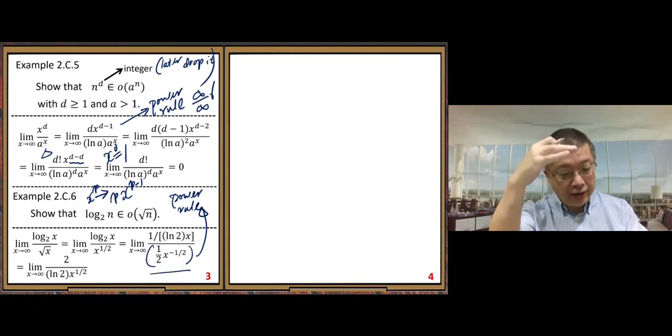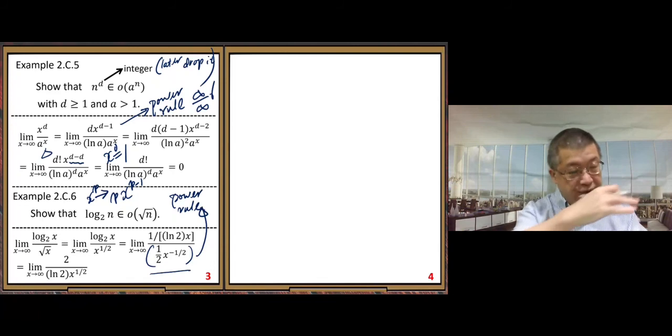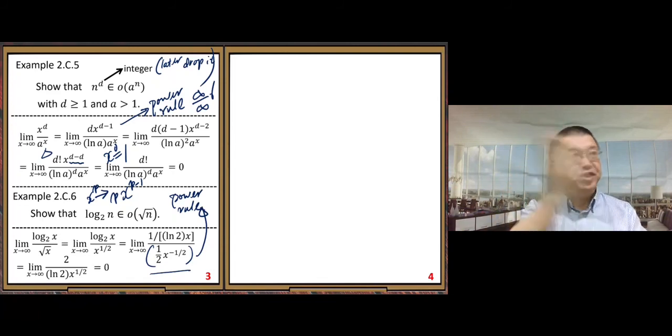Simplified a little bit, you get this expression. But this one is not an indeterminate form. It's not infinity over infinity because the numerator is constant. So in this case, when x goes to infinity, the whole fraction goes to 0. Its limit is 0, so you have that little o notation.